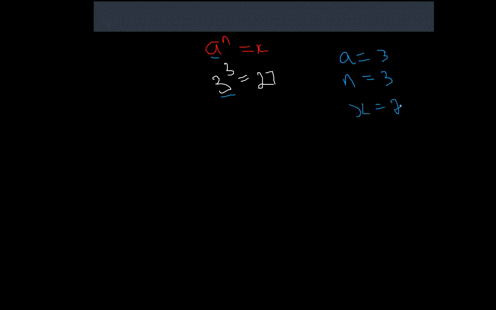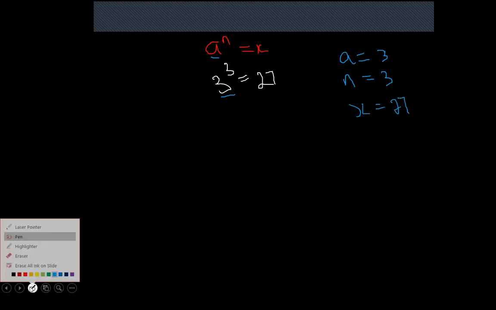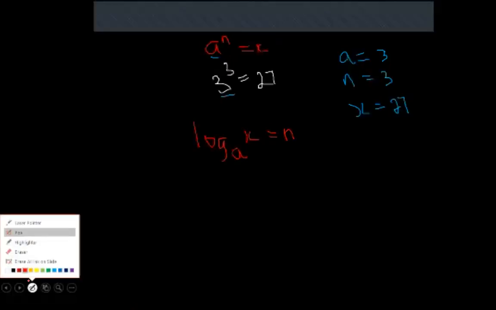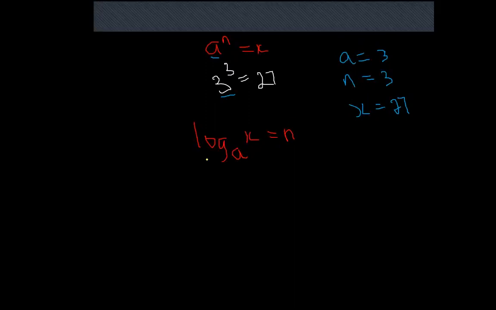So all I have to do is write this in the log form now. How do I write it in the log form? I just follow this. So log of x to the base a is going to give me n. We already established what a, n, and x are. So all I have to do is to sub in these values.